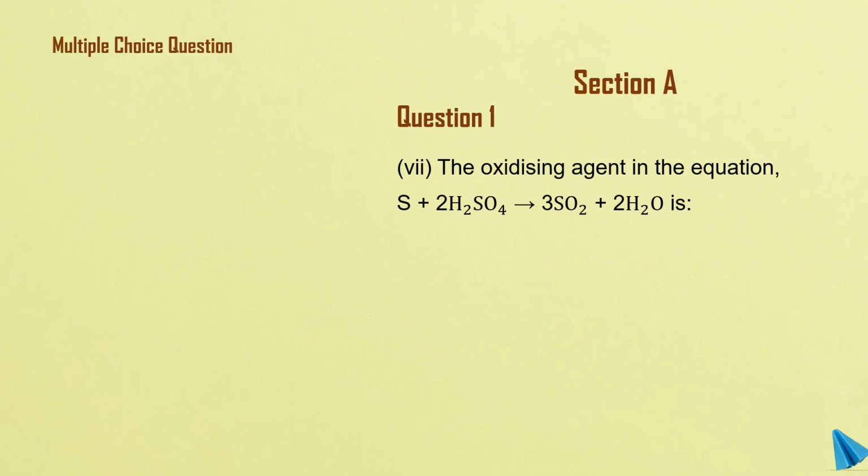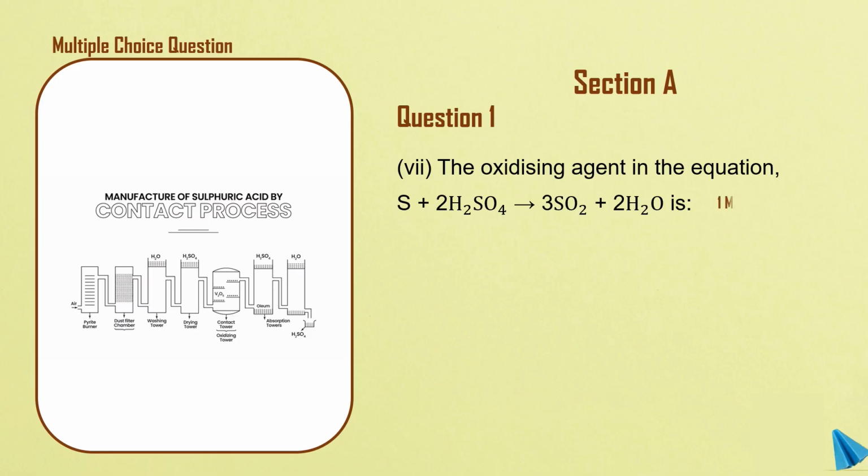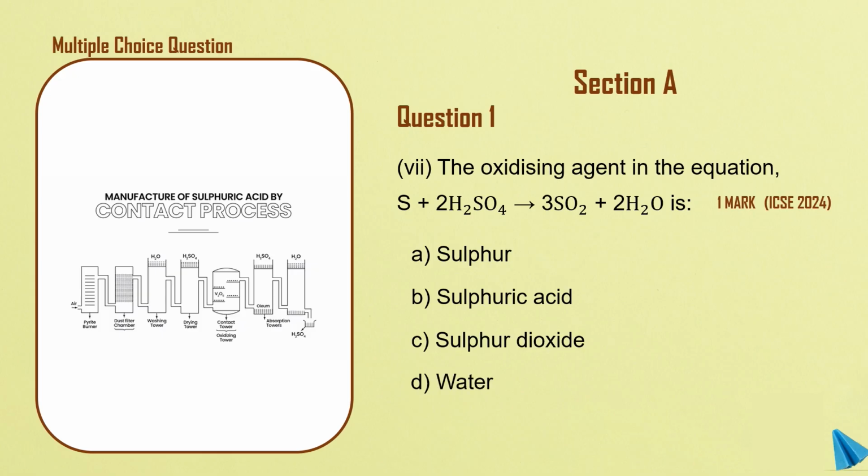Let's have a look at the new question, that is your question number 7 from the main question number 1. It says the oxidizing agent in the given equation, that is S plus 2 times H2SO4 gives 3SO2 plus 2H2O is what? The 4 options are sulfur, sulfuric acid, sulfur dioxide, water.